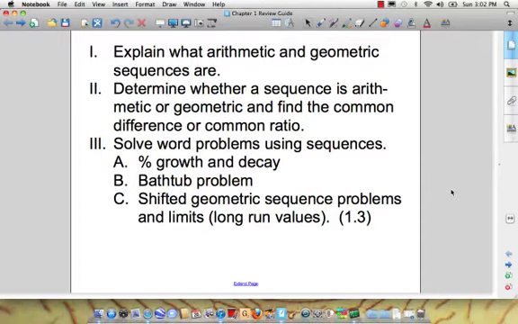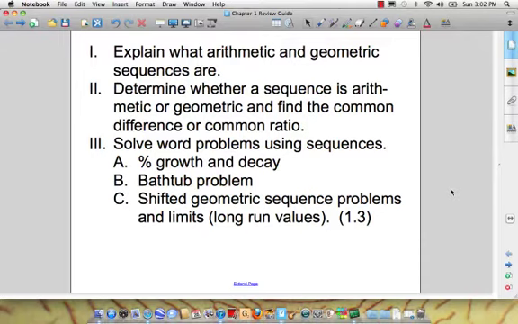Next is solving word problems using sequences, and there's a couple of word problems on the test. Be prepared to solve problems involving percentage growth or percentage decay, and remember the difference between the percent growth rate and the ratio that you multiply by.